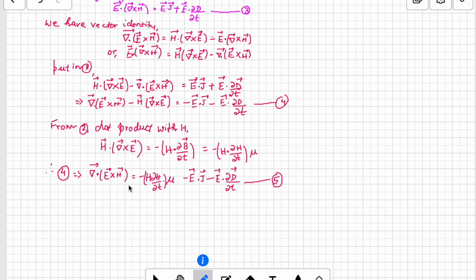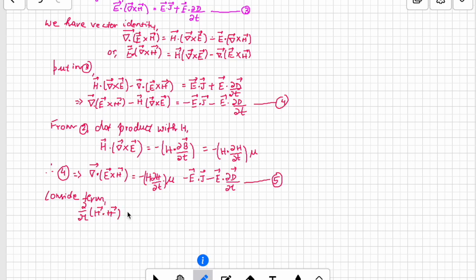Once we have done this, let's try to simplify this further. Consider one more term here. I will take it as del by del t of H bar dot H bar.